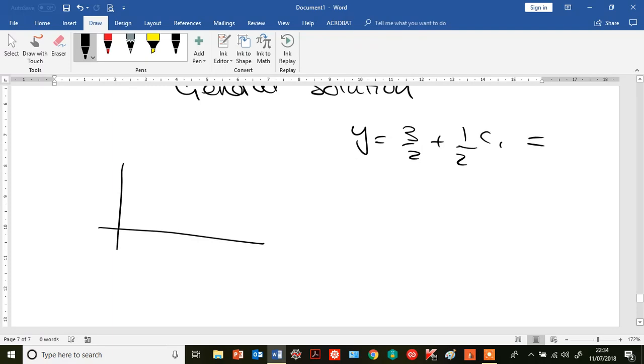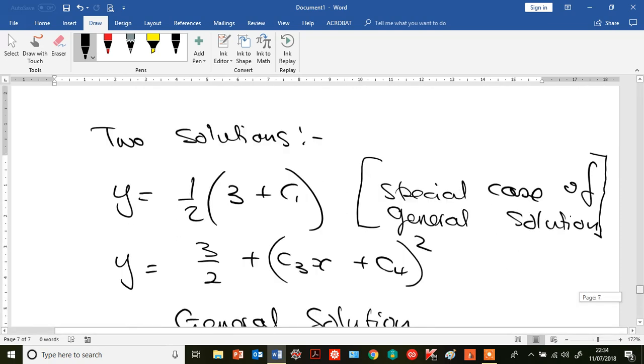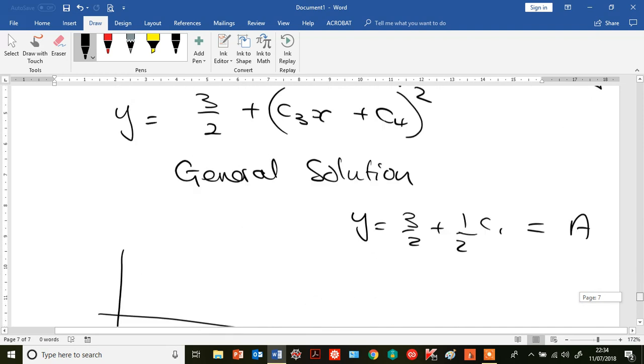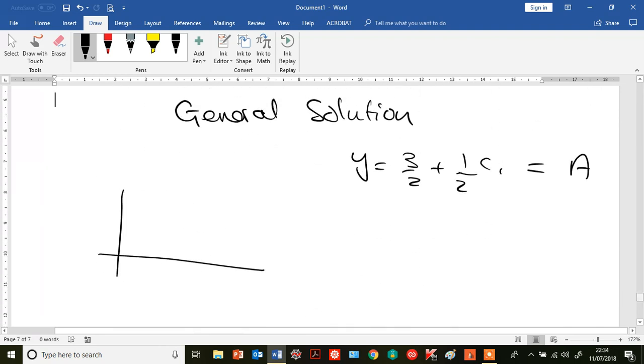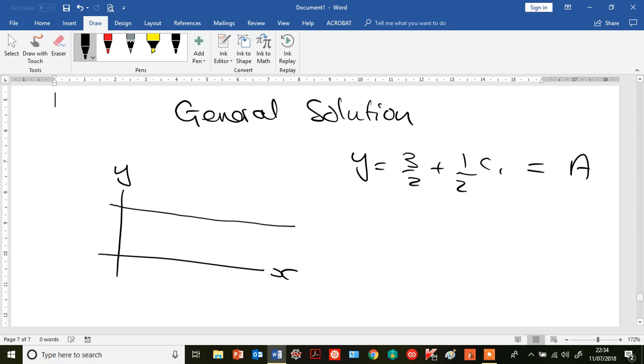Well, this is all just equal to some constant, we'll call it a. So if this is y and this is x, then all you're going to have is a constant line going across the graph like that.